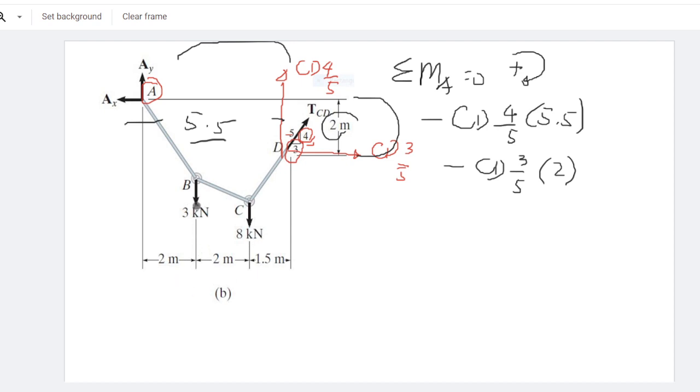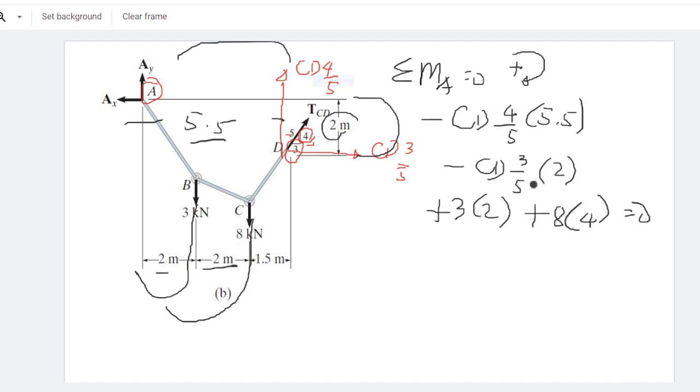How about this 3? This is clockwise, so it's positive, plus 3 times 2. This 8 going here, clockwise also. Distance is 2 and 2, which is 4, equals to 0. Simplify this one, negative CD. What is this?